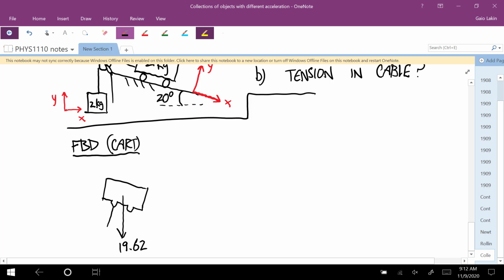We have a pushing force from the surface that now is not parallel to that weight force. I'll call that N. And we have a pulling force from the cable that way. And now we have everything in there, so we can go to Newton's second law.